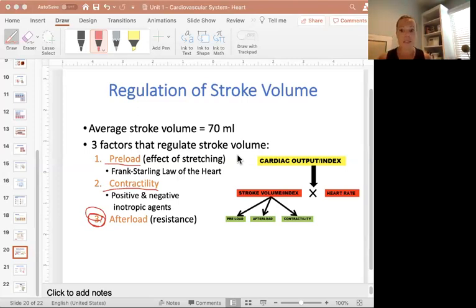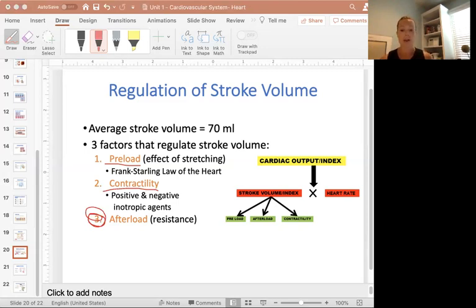And the effect that stretch has on stroke volume is explained by a law called the Frank-Starling law of the heart. That states that when there is a greater stretch on the heart wall, there is going to be a greater contraction. So think about what would cause greater stretching of the heart. That typically happens when there's more blood entering the heart.